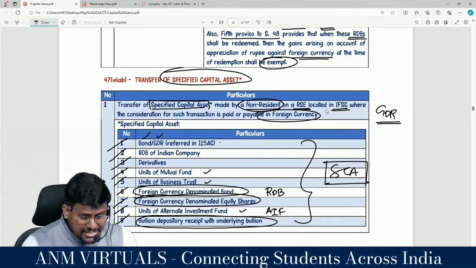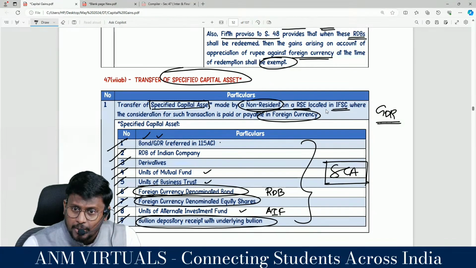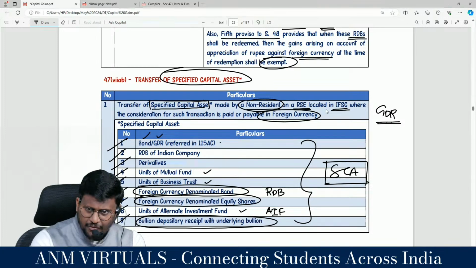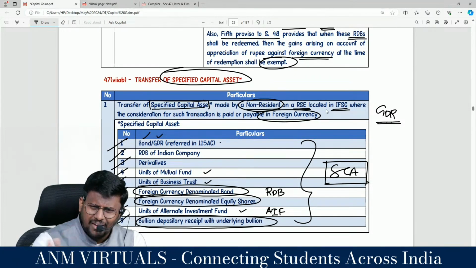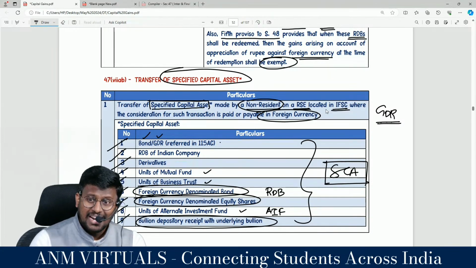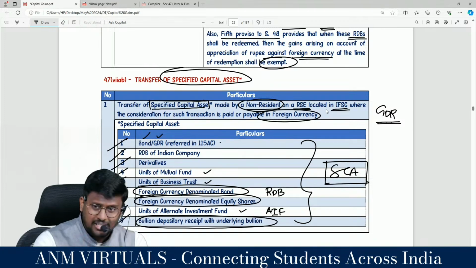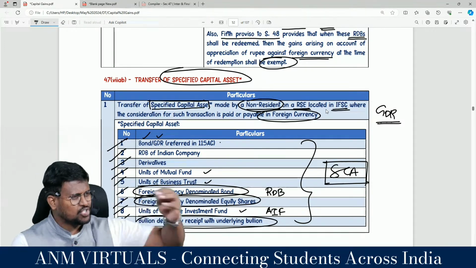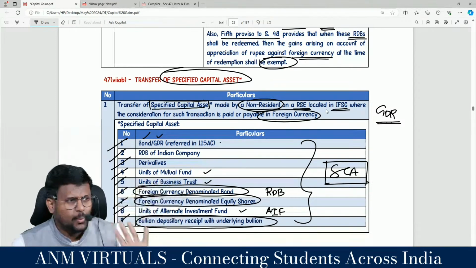Once this becomes tax free, non-residents will invest in specified capital assets in India. They will buy, and whenever they don't want, they will sell and they will get more money. The selling non-resident will get more money, because they will be purchasing for 100 and selling for 120.